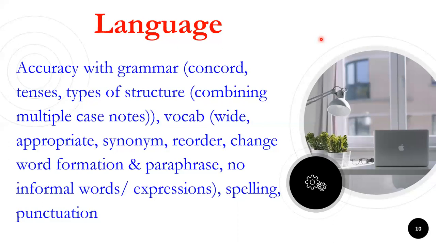Think about the assessment criteria as you write the letter, because those are what would inform the examiners with regard to the scores that should be given at the end of everything.